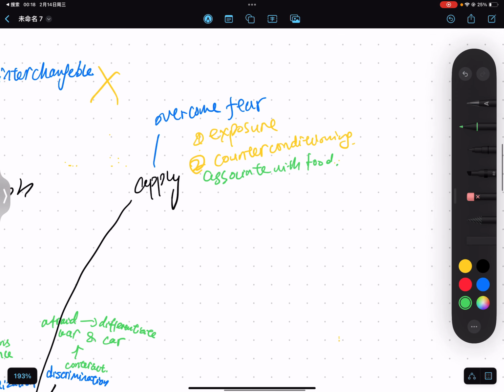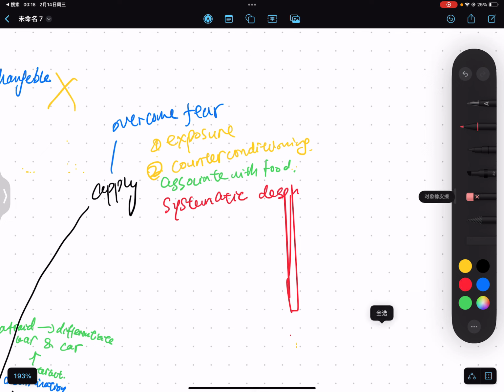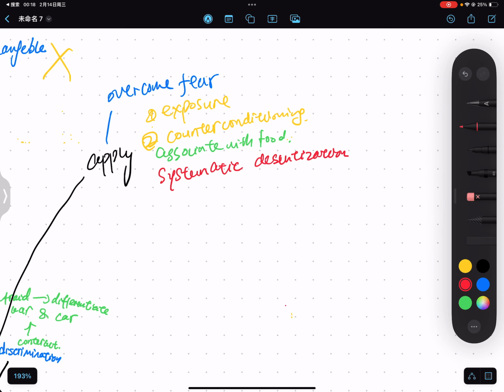A variation of counter conditioning used to treat fear is known as systematic desensitization. This is like connecting a phobia with relaxation.